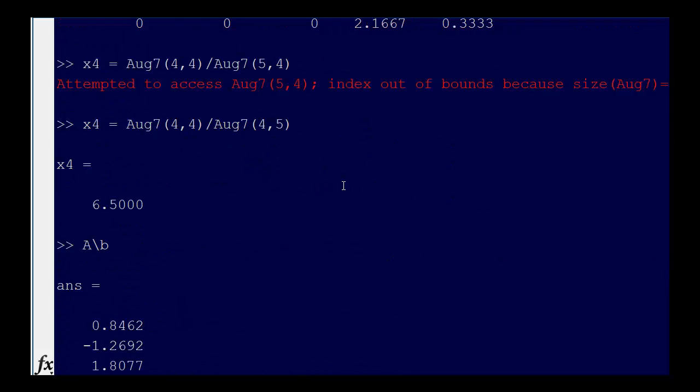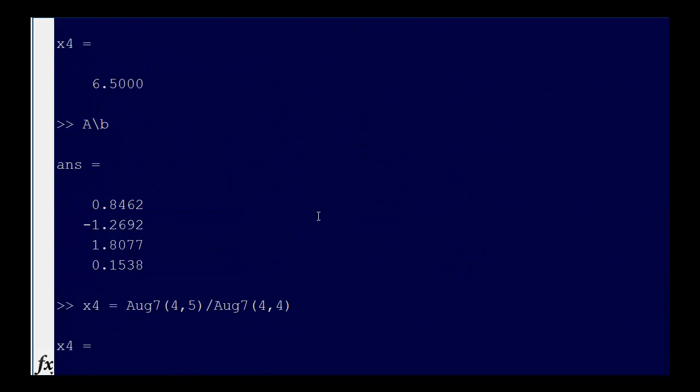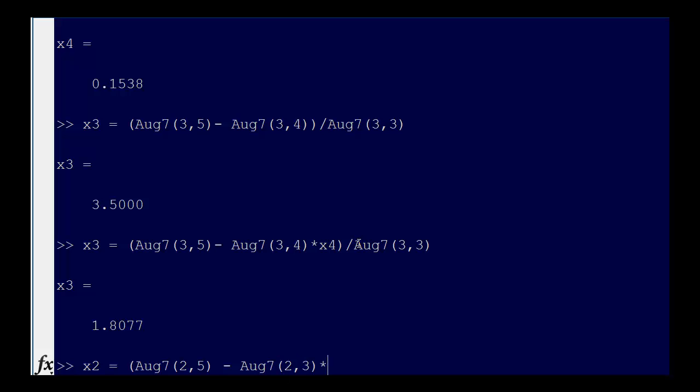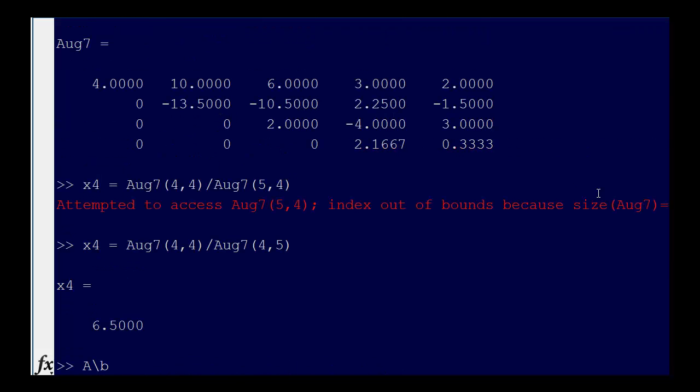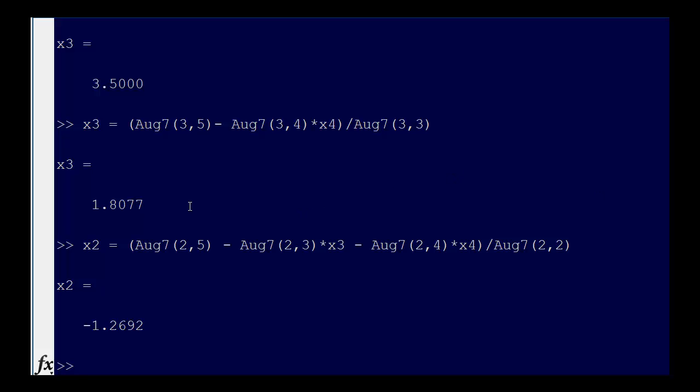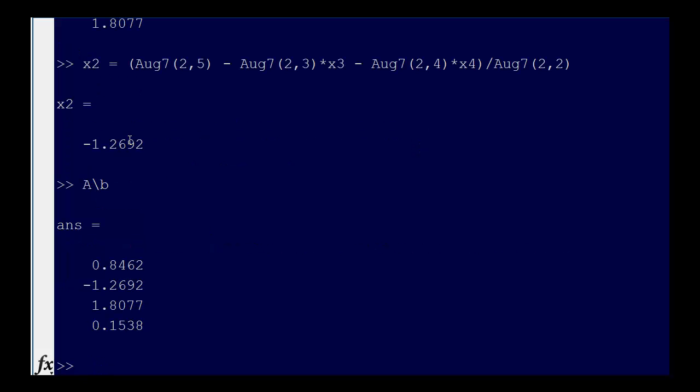Yeah, so it'll be 10.5, so that's the second row, third over, 2 3 times x3, minus the fourth entry times x4, right, all over og7 2 2, the 2 2 entry, right, because that's going to be this entry, yes. 1.2, let's see, if we got minus 1.2, yes, we did.